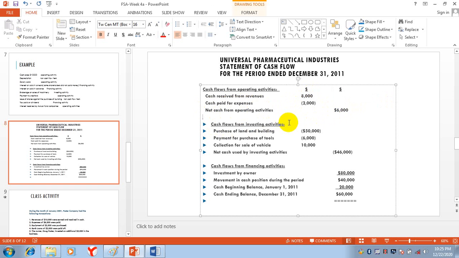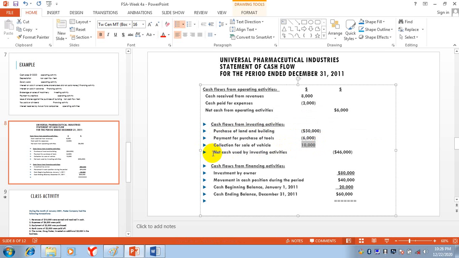Cash flow from investing activities. Purchase of land and building, they paid 50,000. Payment for the purchase of tools, 6,000. Collection from sale of vehicles, they received 10,000.